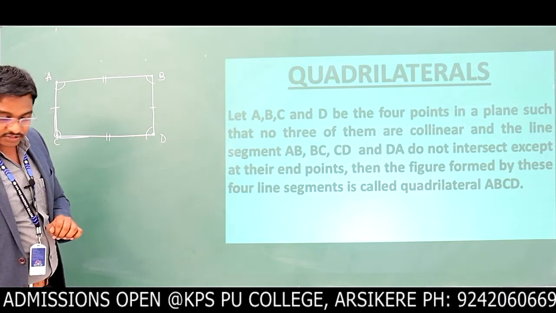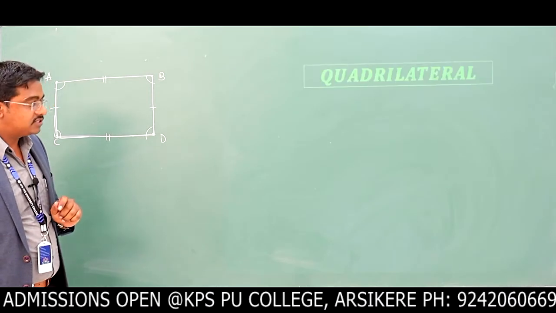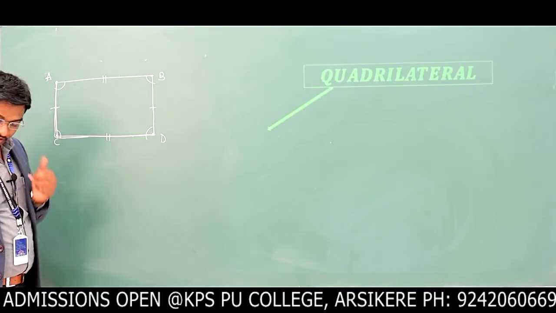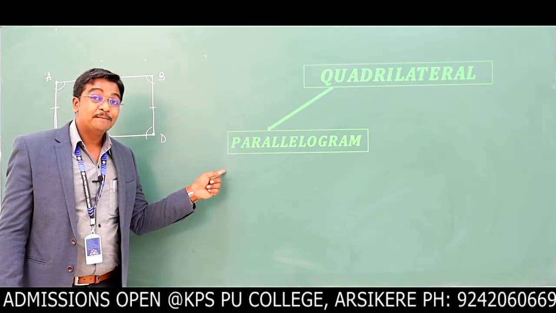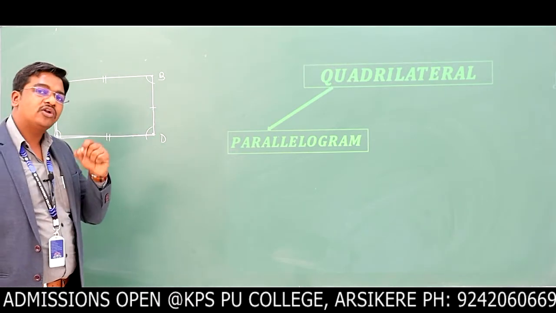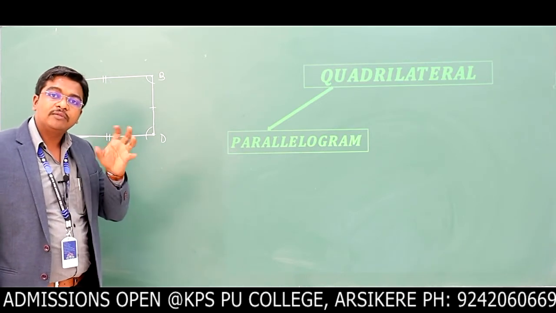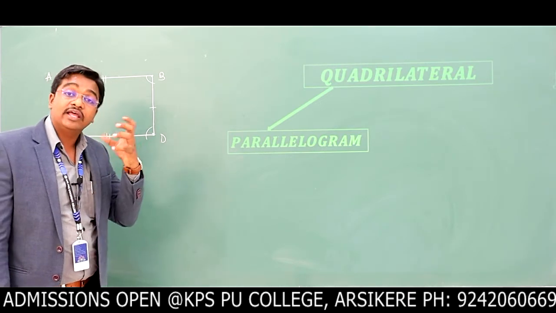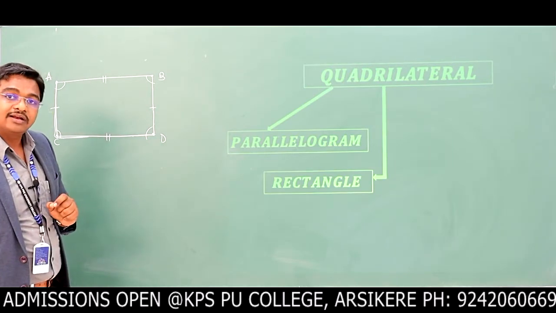Okay, next we are going to discuss the types of quadrilateral. First one, parallelogram. What are the properties of a parallelogram? Then we will discuss how to find the area of a parallelogram, one by one. Second one, rectangle.